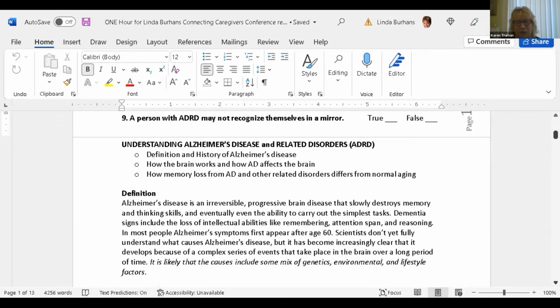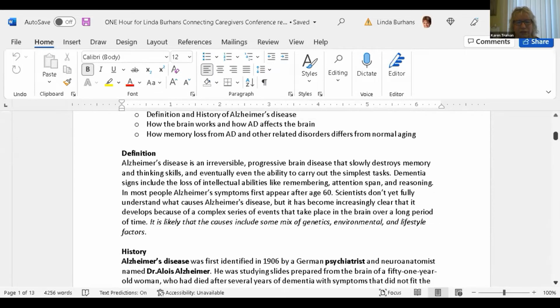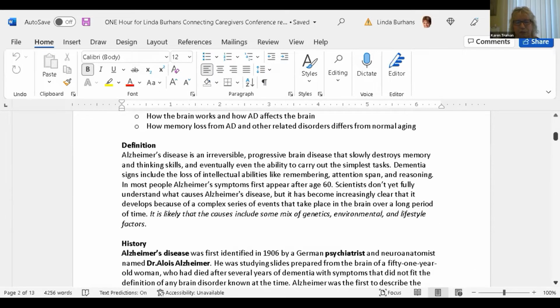Okay. So how do we understand the disease? Well, we're going to look at this. It's an irreversible process. It's progressive. It's a brain disease. It's slow. We can't see it. That's the problem with it. We really can't see it on the outside. It's not like the person is missing a limb that we could see.